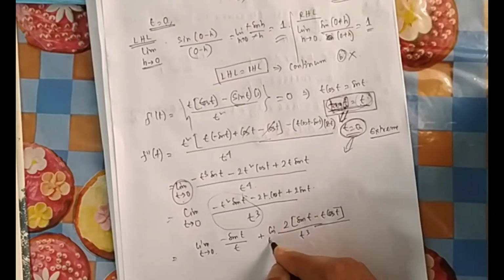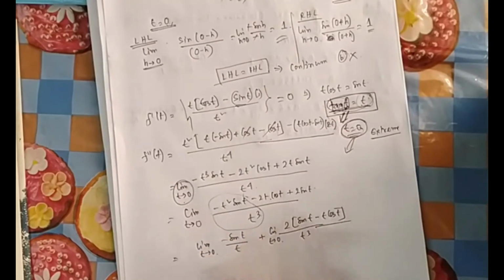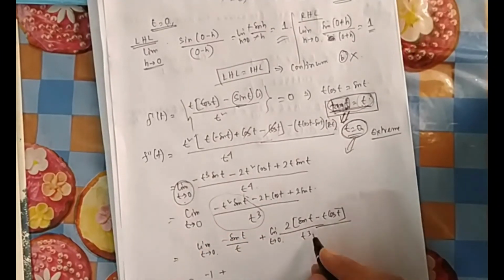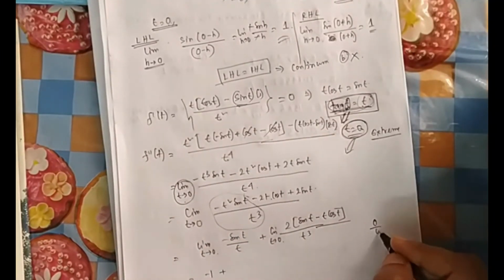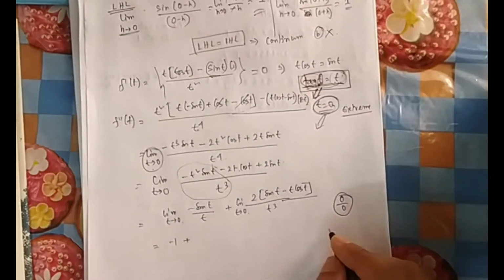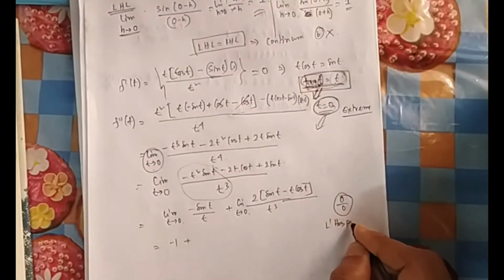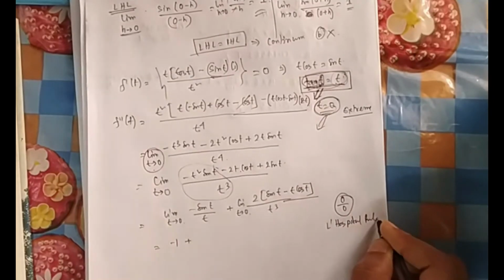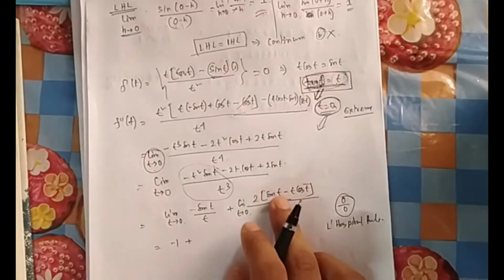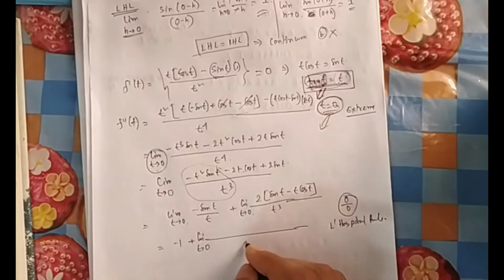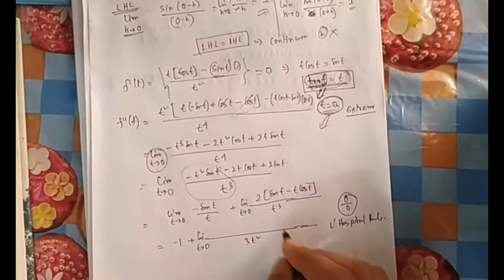It is also limit t tends to 0. So this will give you minus 1, and here, because if you put 0, it is 0 by 0 format, you have a very famous formula, L'Hospital rule, where you differentiate the numerator and denominator separately. So if we differentiate, the denominator becomes 3t square.